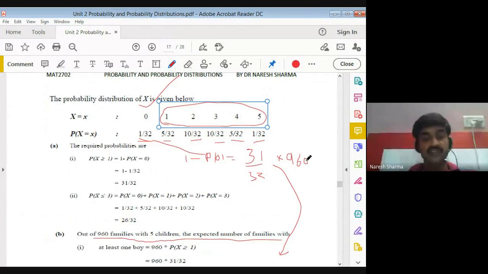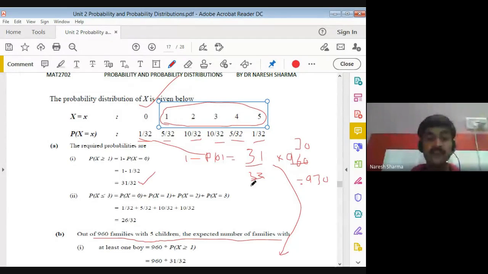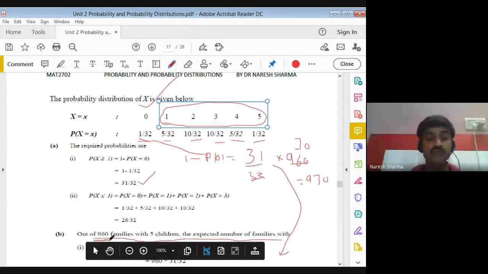If you multiply this, you get 930. So the answer to the first question of part A is the probability only, but if you want the number out of 960, that number is 930.